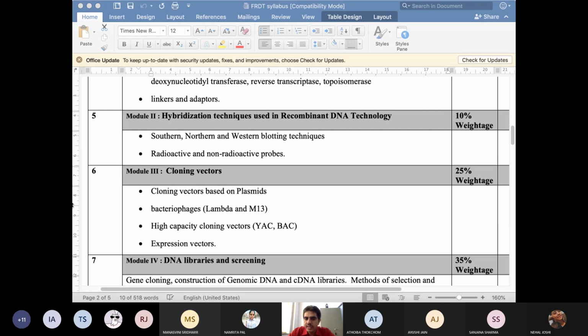So what is the special property of DNA? Can you tell me the properties of DNA? Sir, they have the property of semi-conservative replication, and we already know that they carry genetic material. There is a possibility for them to be modified, which is the basis of recombinant DNA technology, and they are chemically inert.